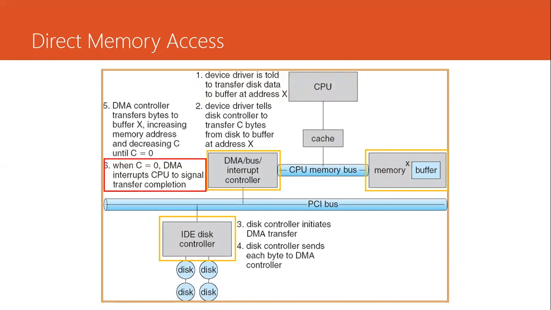And when C becomes 0, the DMA interrupts the processor to signal that the transfer of the required data is complete. So the processor has only set up the transfer and started to perform other activities while the data was being transferred, and then can access the data from the DRAM.